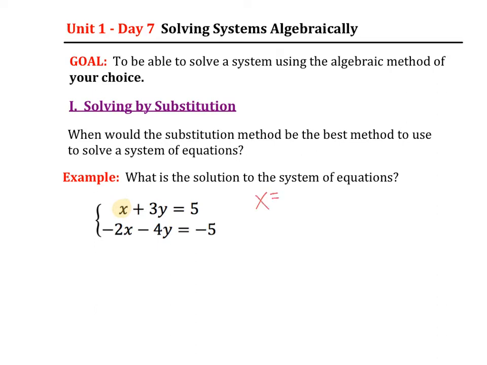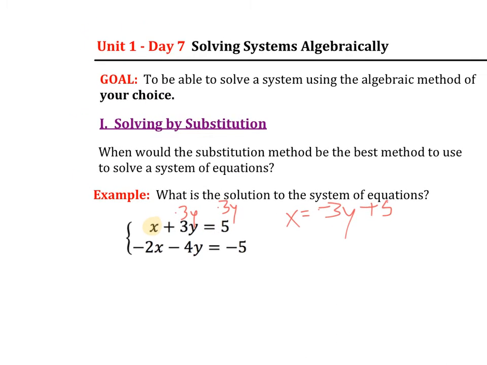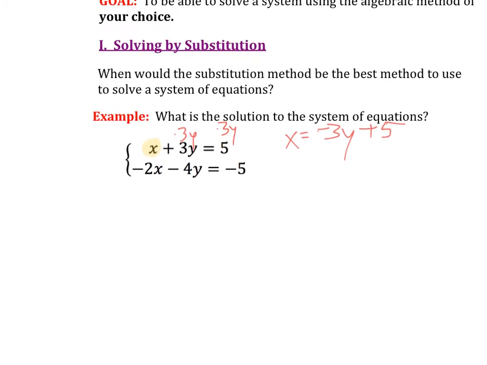With substitution, what you're going to want to do is make sure that your variable is isolated. So to get the x by itself, I need to kick the 3y to the other side. So it'll be negative 3y plus 5. And now that I have that, I'm going to plug in this expression for x into my other equation.